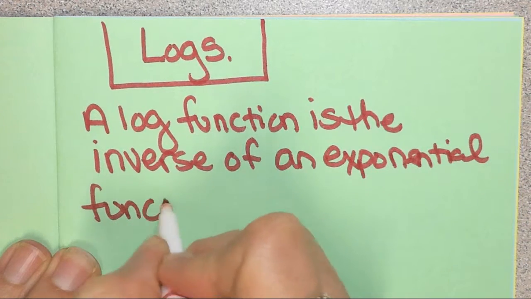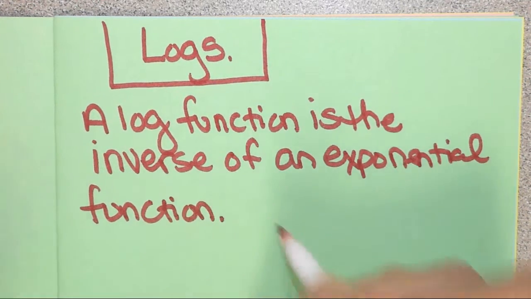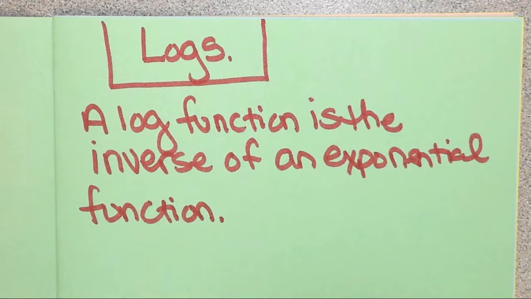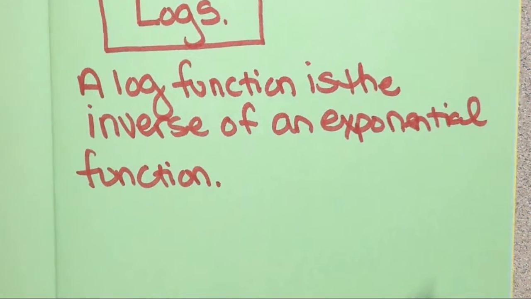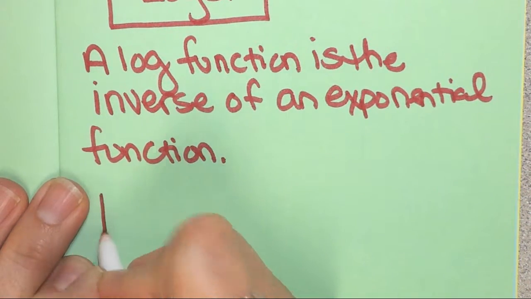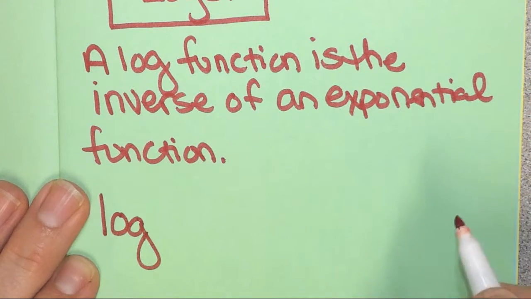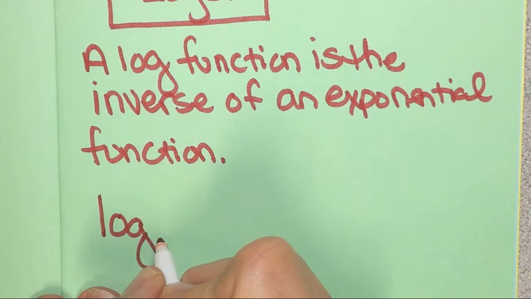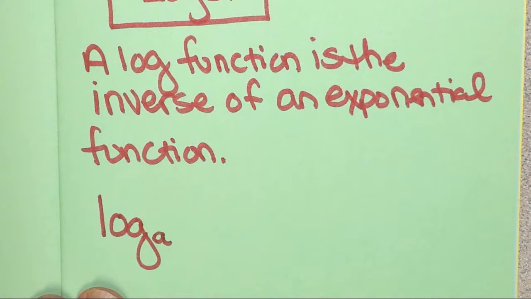So the reason we're having to study the log functions is because they're inverses of your exponential function. And we know if it's an inverse of a function, what do we do to our x's and y's? We flip them. Okay, so this is what a log function looks like. It's going to always start off with the word log. The base is going to be a little subscript. So it's a little bitty down here.